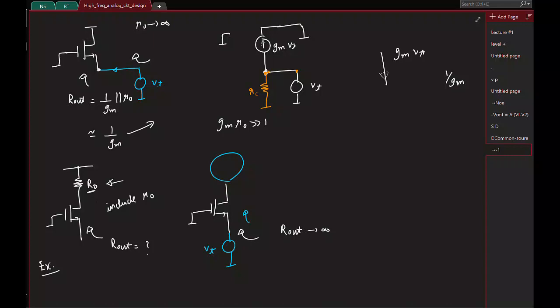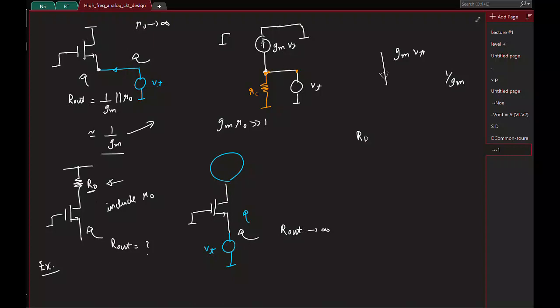From what you have seen now, tell me, will this output resistor be 1 by Gm for small values of RD or large values of RD? Small values of RD, right? Now, small is a vague quantity, right? So with respect to what should I compare RD? What is the other resistor you see here? What I'm saying is, everyone agrees that for small values of RD, the resistance looking into the source is 1 by Gm.